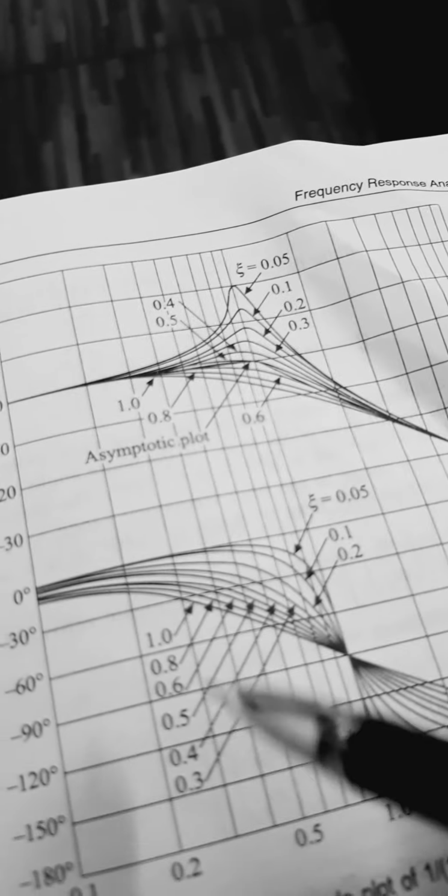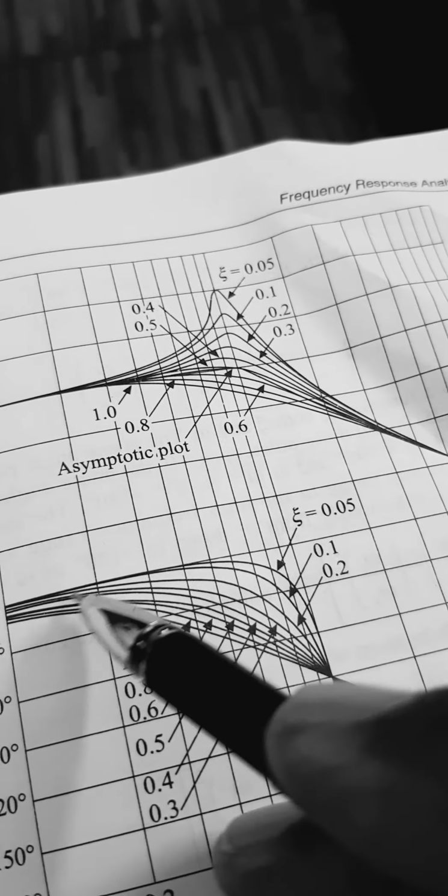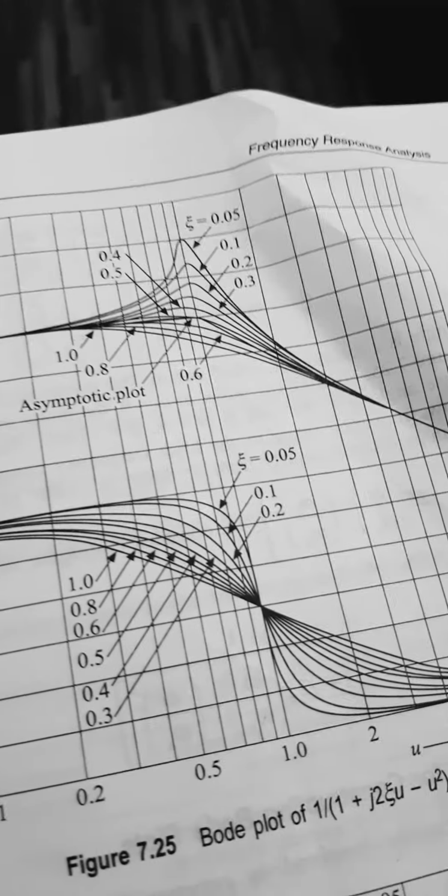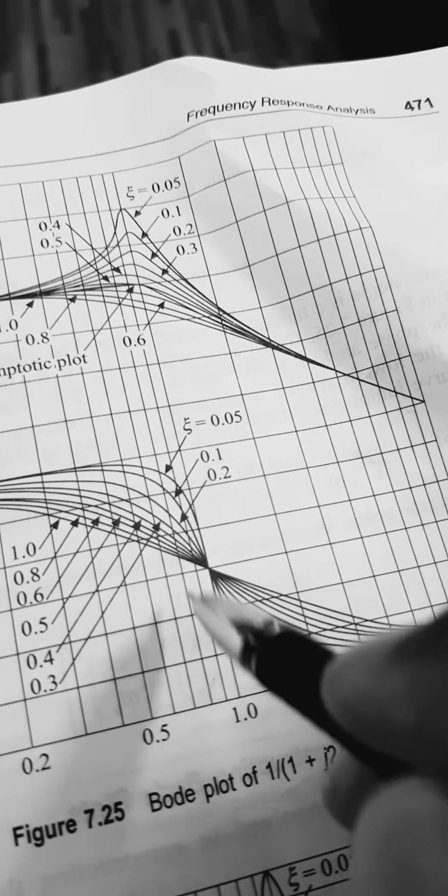So you can see that this is 1 and it becomes sharper, until the curve jumps discontinuously from 0 degree down to 180 degree at omega equal to omega n. At omega equal to omega n, at corner frequency, there is a jump. So from here to there is a jump. Okay, from this also there is a jump, from 0 degree down to 180 degree at omega equal to omega n.